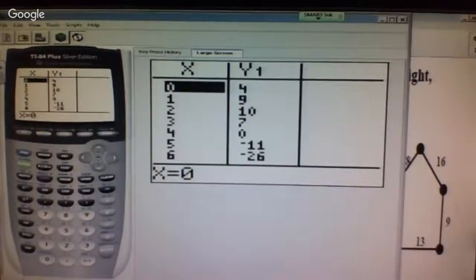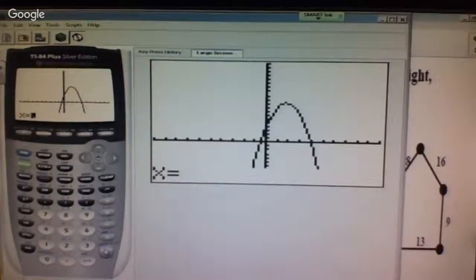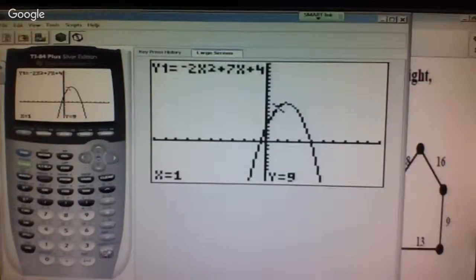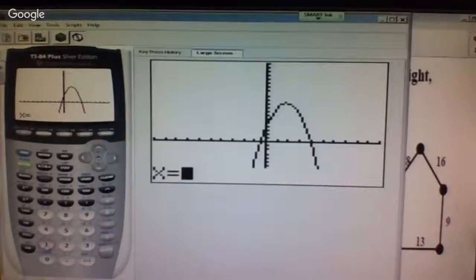There's actually a second way that you can do this. You could also go to second trace and calculate a value. At this point, you can put any number you want in for x and it'll give you your y. So I want x is 1, and if you hit enter, that's so cool. If you want to know when x is 1.5, you type in 1.5 and hit enter.